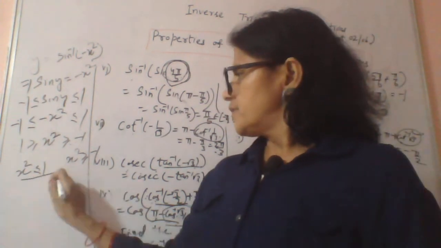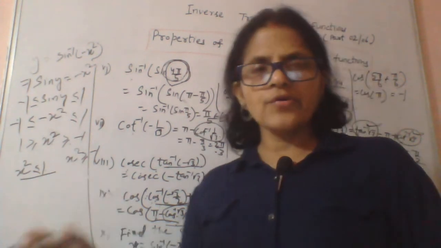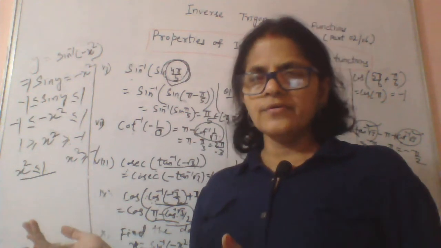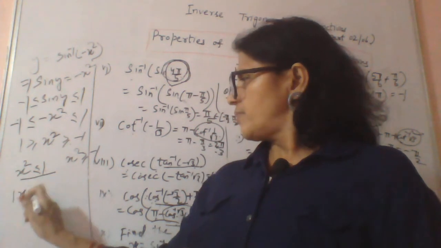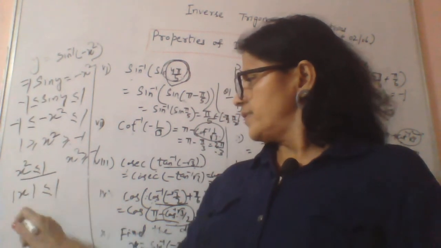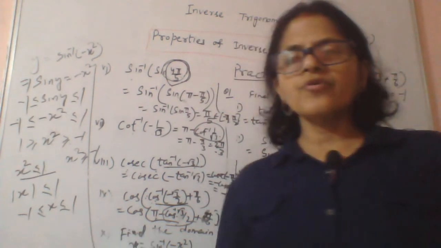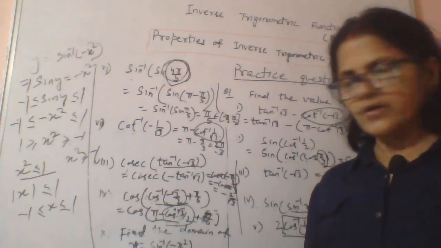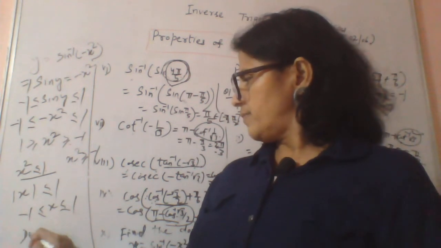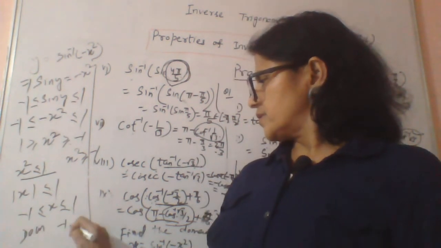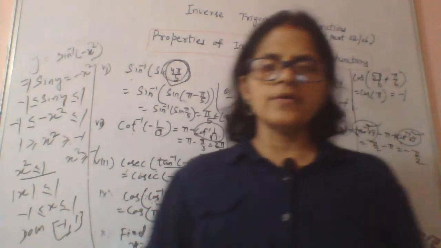So x square is less than or equal to 1, and also x square is of course greater than or equal to 0. From this we can write mod x less than or equal to 1, which means minus 1 less than or equal to x less than or equal to 1. So the domain of the function y equal to sin inverse of minus x square is the closed interval minus 1 to plus 1. So x lies between minus 1 and 1.